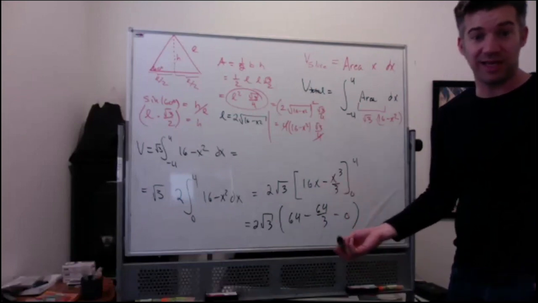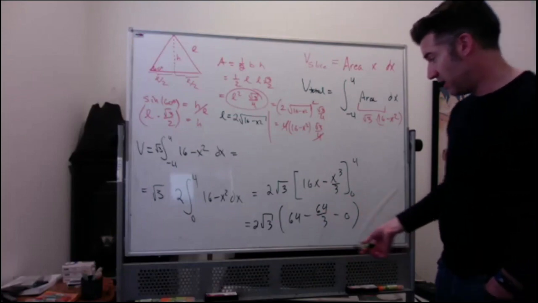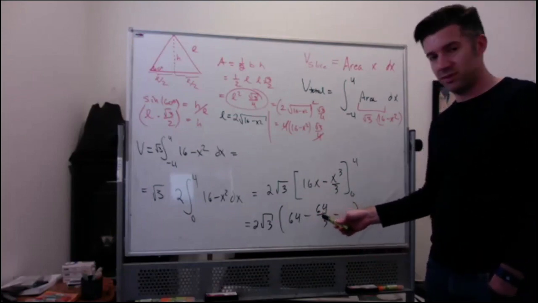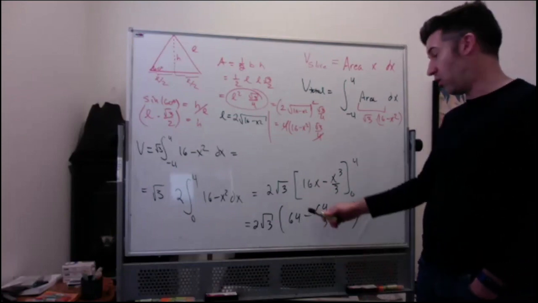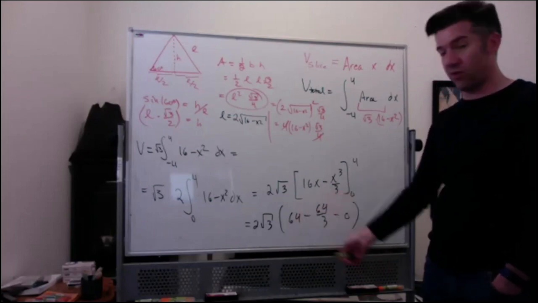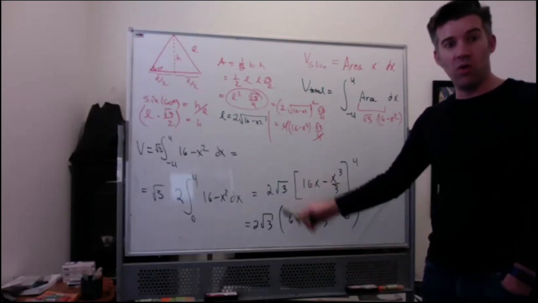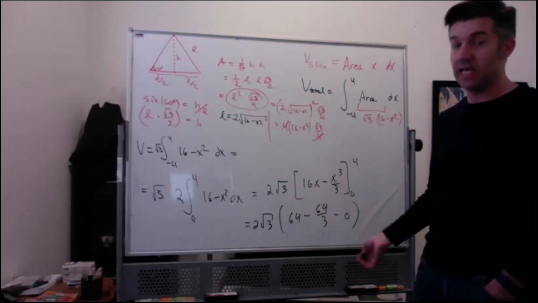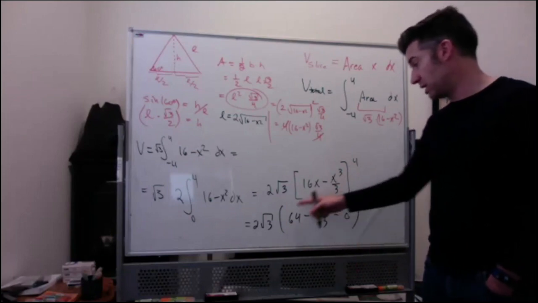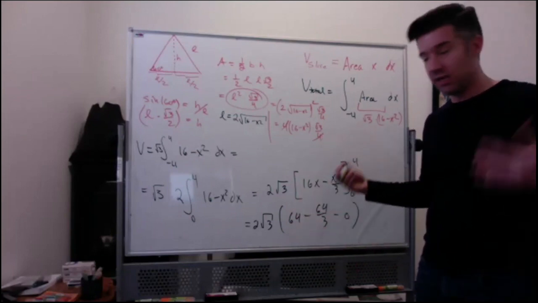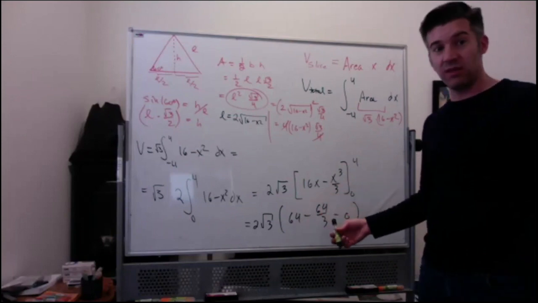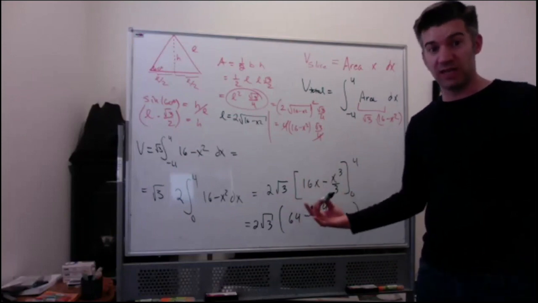Now I'm going to say something very similar to what I said before. I've got 64 minus 64 thirds, or a whole thing minus a third of that thing. A whole thing minus a third of that thing is 2/3 of that thing. So you could see that 64 minus 64 thirds is going to be 2/3 of 64.